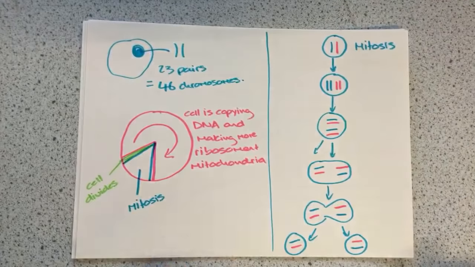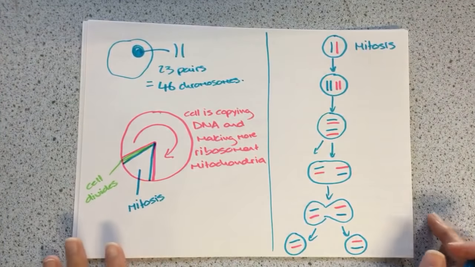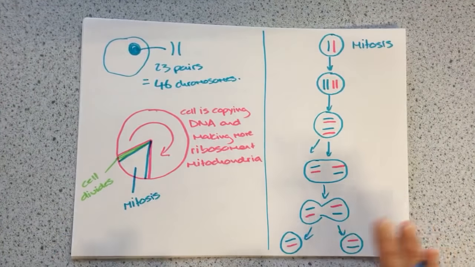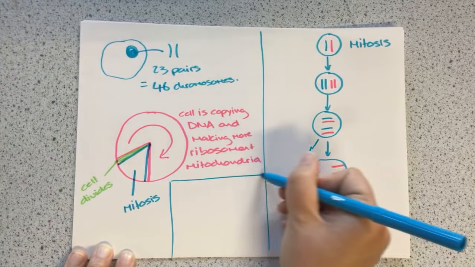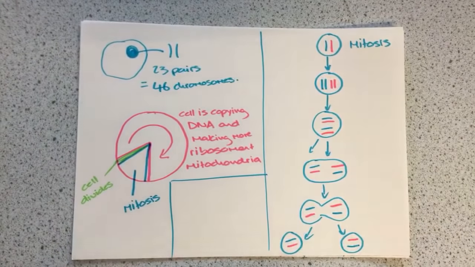Linked to this very quickly, because I'm conscious of time, you need to know what a stem cell is. So we talked earlier about cells being differentiated. I'll draw a new little box here for stem cells, get a different colour. Not that one, don't like that one, red.